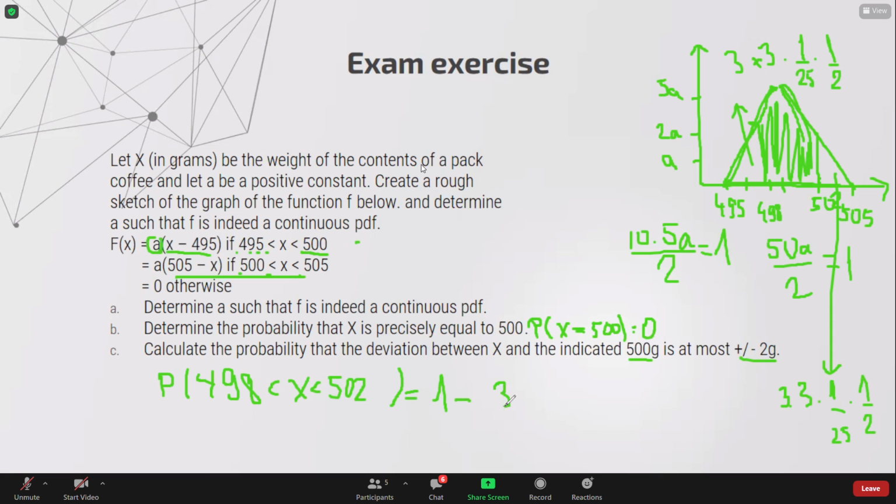So it will become 3 times 3 divided by 25. Because that's 1/2, so in the end is just 1. So 1 minus 9 over 25, it becomes 16 divided by 25. That's the probability that our packing of coffee would be between 498 grams and 502 grams. That's our probability of having such a pack.